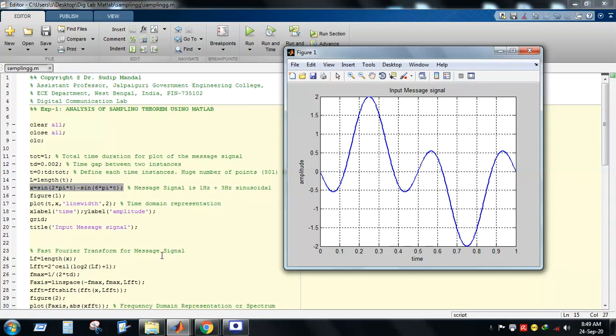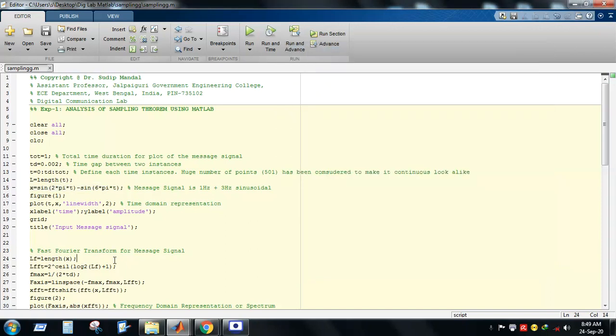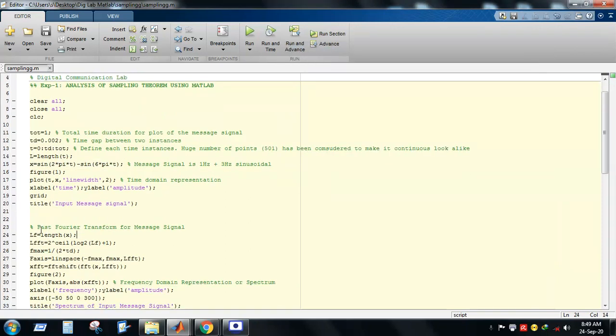But right now, just know that in MATLAB, to draw the spectrum of any kind of signal, we need to use the fast Fourier transform, and this is the corresponding MATLAB code. Right now I am not elaborating this code because you don't know about the fast Fourier transform yet.